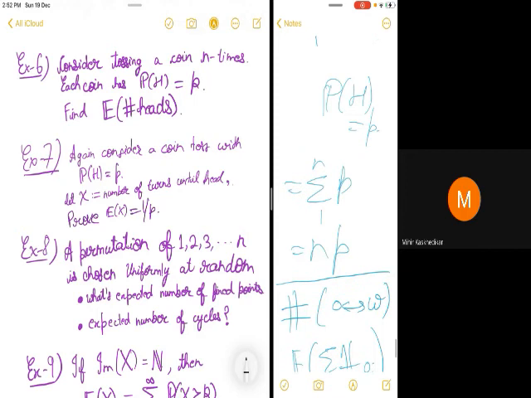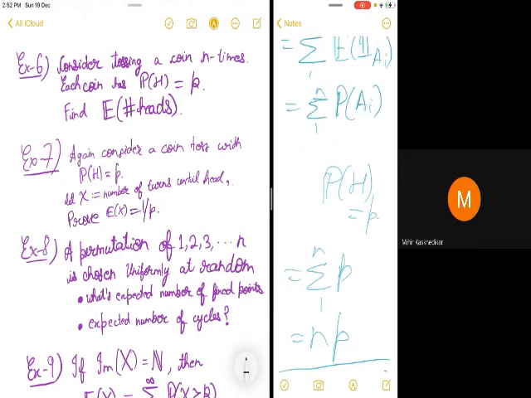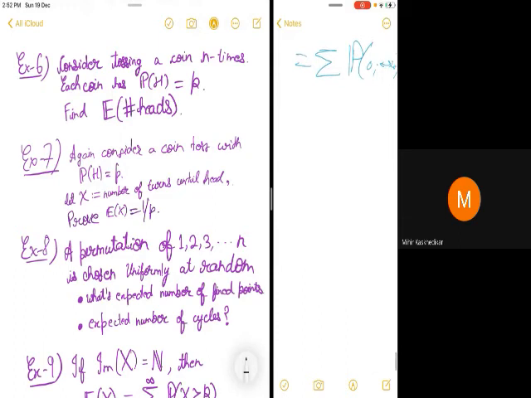Now, also notice that in our coin tossing example, we did not use that the coin tosses are independent. Even if, suppose, the first two coin tosses are tangled, so that our first coin toss gives us a head if and only if the second coin toss also gives us a head, even then, as long as the probability of head in each coin toss is small p, we will get that the expected number of heads is np.